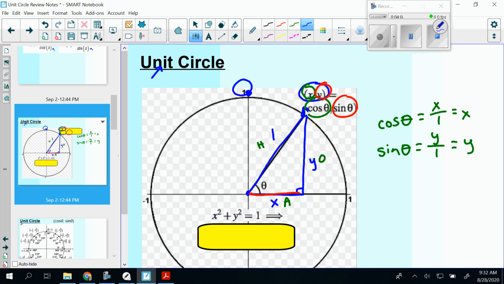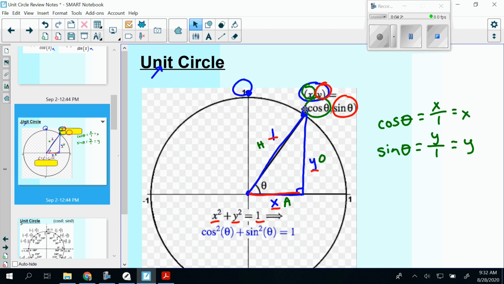The other thing you can do with right triangles besides trig is good old Pythagorean theorem. If we were to do this on this one, we know that x squared plus y squared would equal our hypotenuse squared, or 1 squared, or just 1. And if we know x and y are equal to cosine and sine, that gives us the Pythagorean theorem equivalent with trig in there.